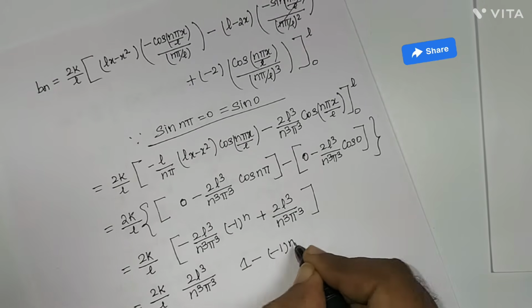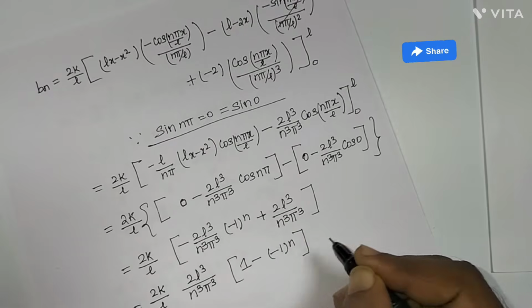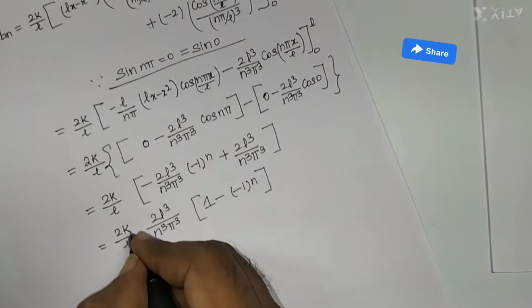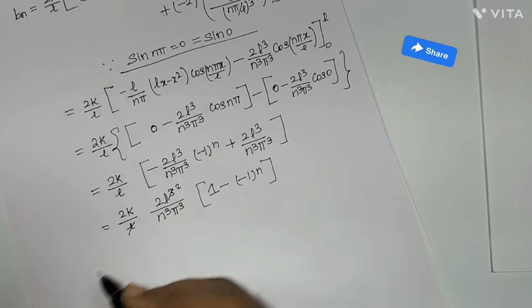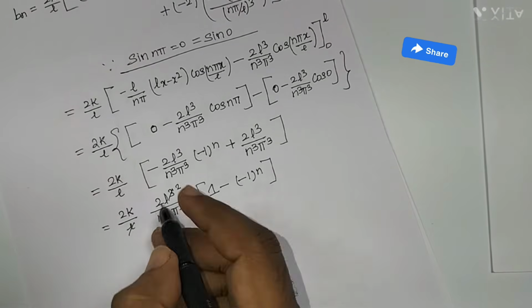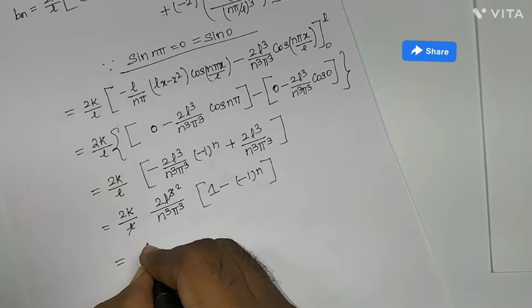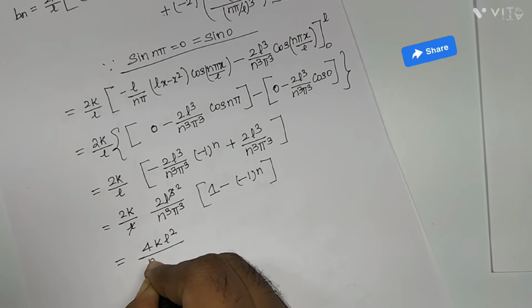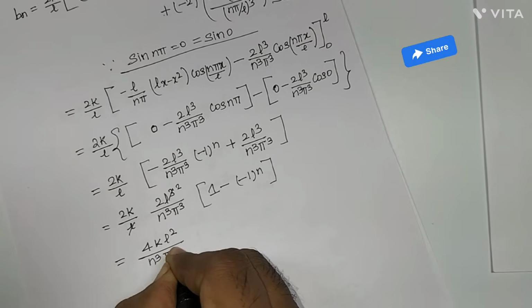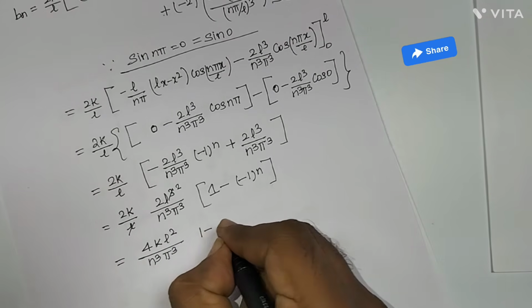Okay, now simplify this. When simplifying this, L will cancel, you will get L square, and 2 into 2, 4k L square divided by n cube pi cube, into 1 minus (minus 1) power n.